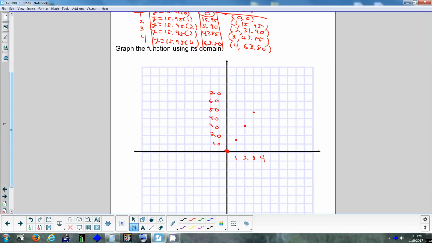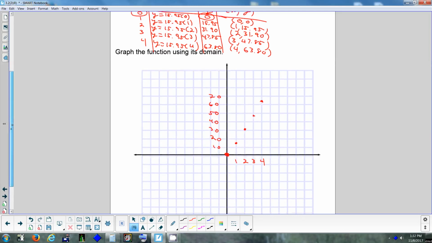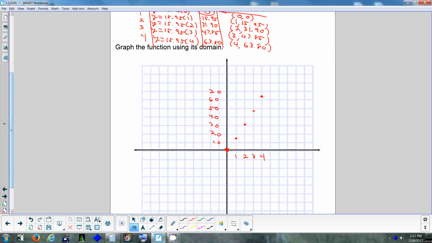And how can I tell this is coming out right? The points are all lining up on a straight line. That should always happen. 4, about 64, a little bit more than 60. Perfect. And there's your graph. If they don't line up straight, then something went wrong.